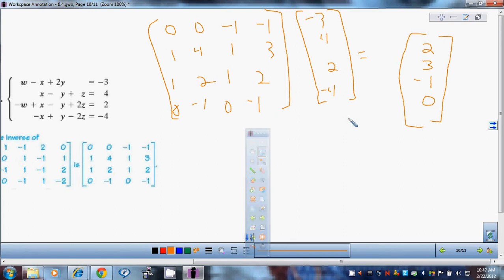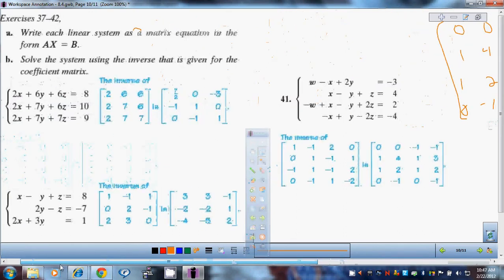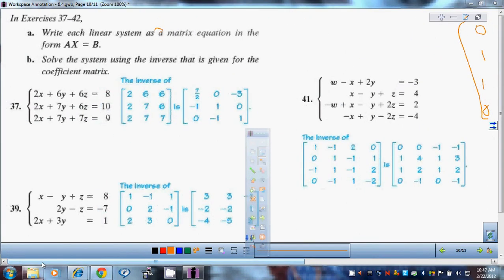But that's how all this is tied into each other. You can solve these systems by finding the inverse, multiplying it by the answers. So you're going to have, I think, 2 or 3 of these later. All you have to do is take the inverse they provided, multiply it by your answers, just as they are. And that will give you the solutions to the system.